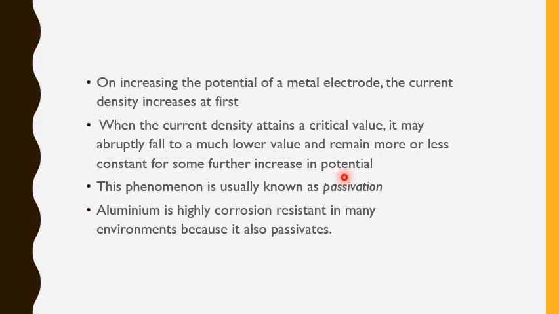We increase the potential, but the current density remains constant. And this phenomenon is known as passivation. So this is the definition of passivation in respect of electrode potential and current density. Aluminum is highly corrosion resistant in many environments because it is also passive. So aluminum is an example of a metal which shows passivity.